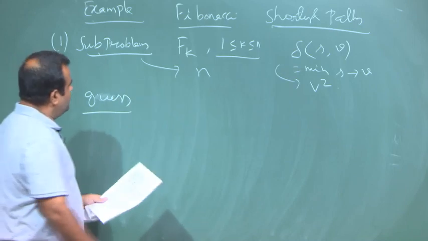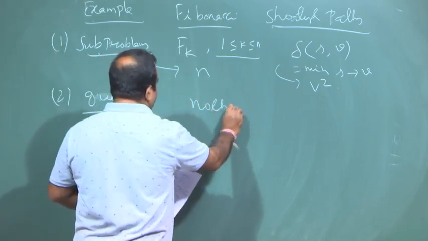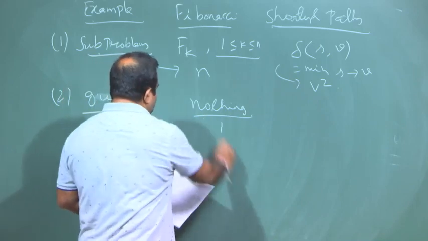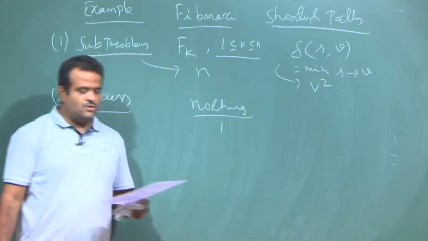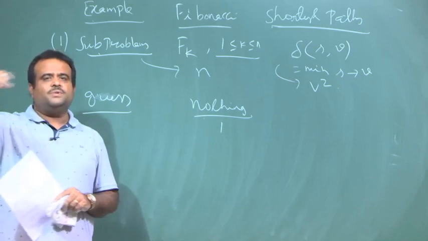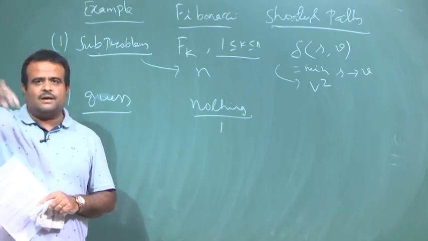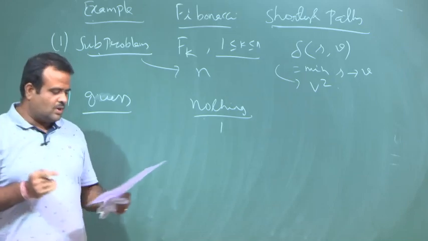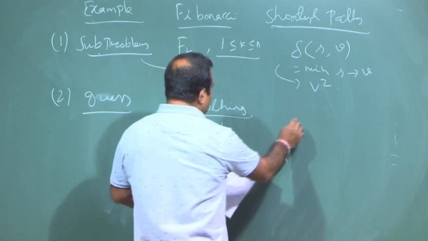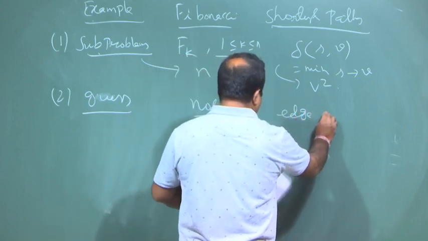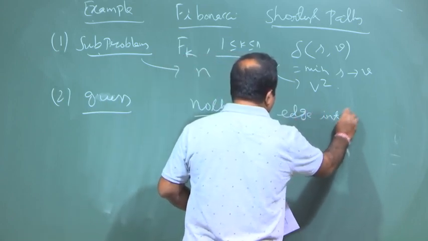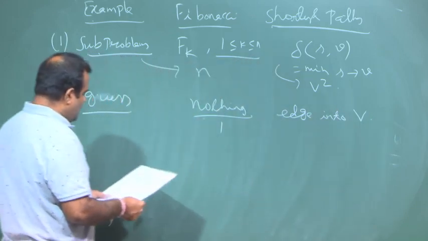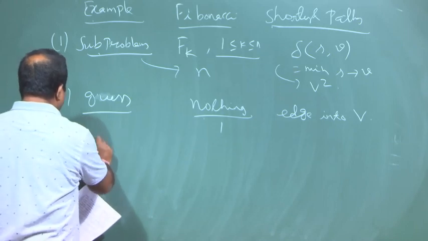For Fibonacci we do not need to guess anything, the choice is 1. For shortest path we need to guess, because some number of vertices come in from others, the in degree. So, this is in degree plus 1, basically the sum over v of in degree.